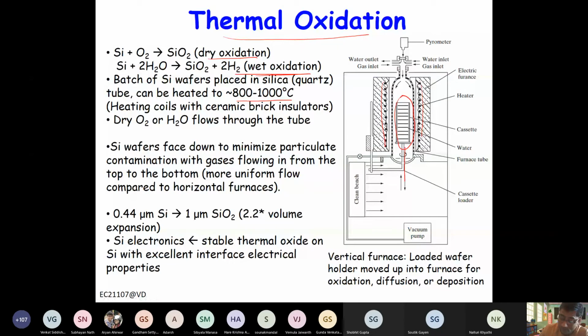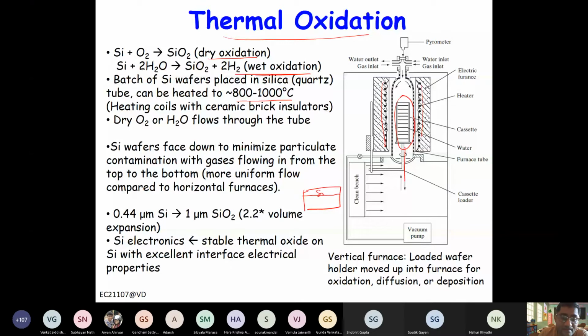And if you understand this thermal oxidation, what is happening? Let's say this is your piece of silicon. Oxide is growing, right? When oxide is growing, it is taking silicon from the wafer itself. So some part of silicon will convert into silicon dioxide. When silicon converts to silicon dioxide, the volume will expand, and there is 2.2 times volume expansion.